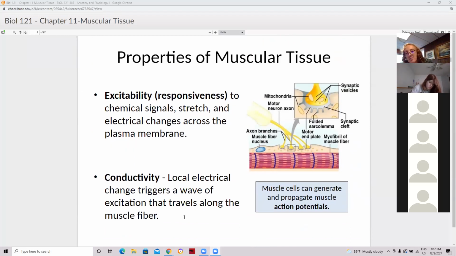Some different properties of muscle. Muscle is excitable. It's responsive to chemical signals, to stretch, to electrical changes along the plasma membrane. Conductivity: a local electrical change can trigger a wave of excitation that travels along the muscle fiber.